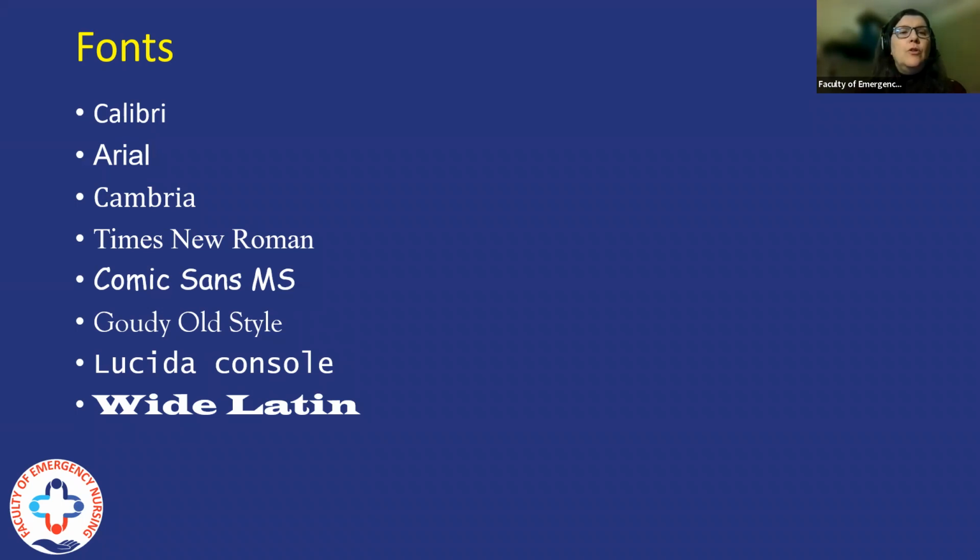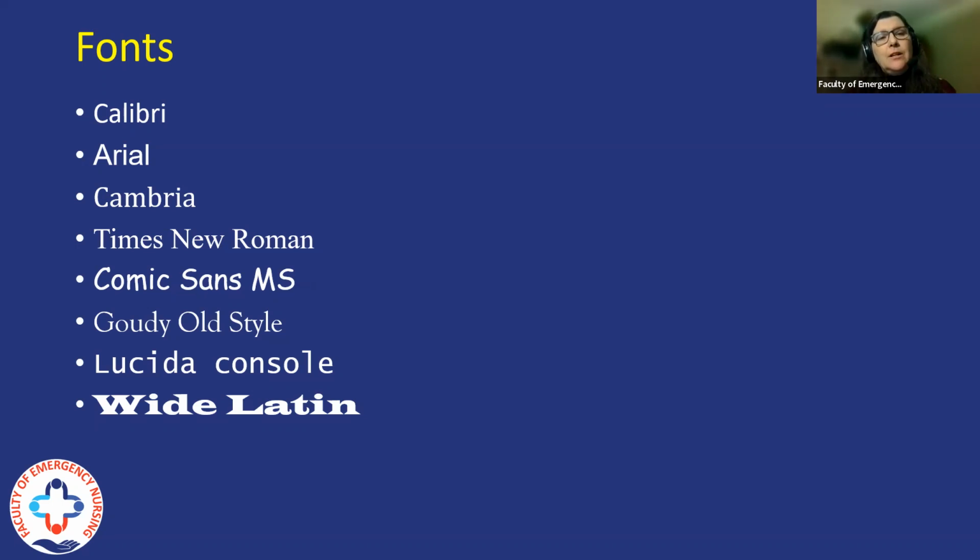So all our slides should be Calibri, all our documents should be Calibri. And the reason we do that is because it doesn't have any extra curls and loops on anything. And that font is known for being easiest for people with sight impairments to read. So we always use Calibri.